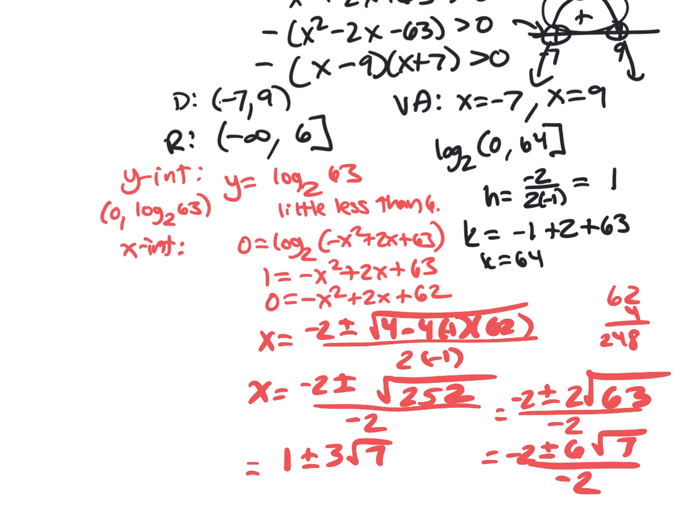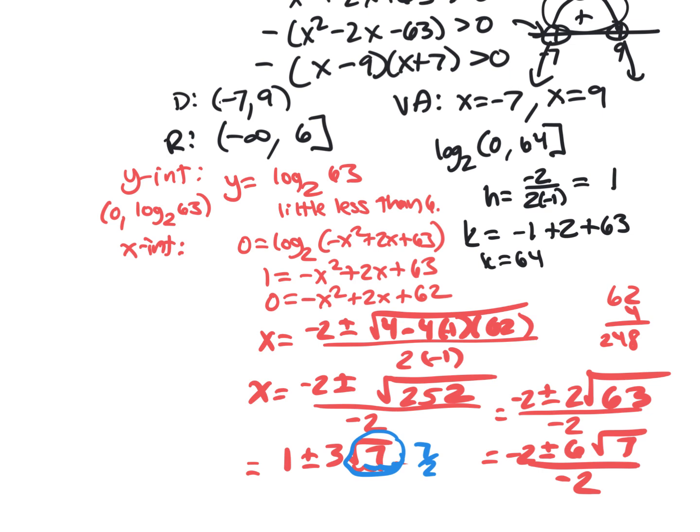Okay, so root 7 is between 2 and 3. So let's just call it 2.5 for now. Or actually, I'm going to call it about 7/2. So we're calling this root 7 about 7/2.